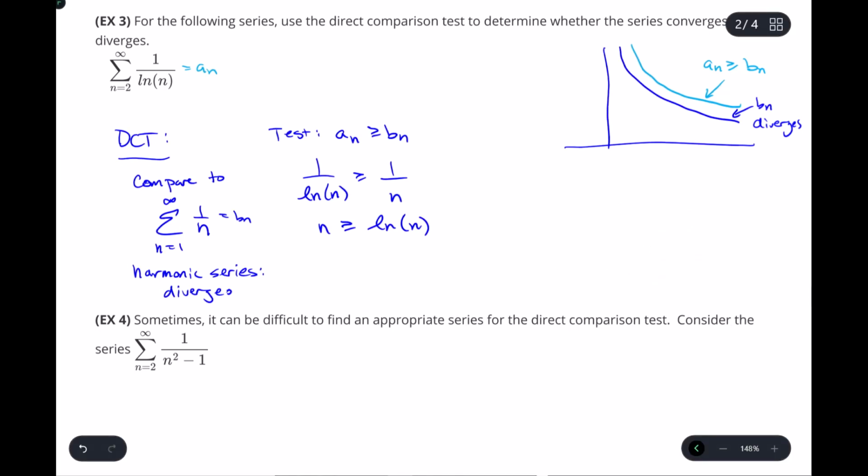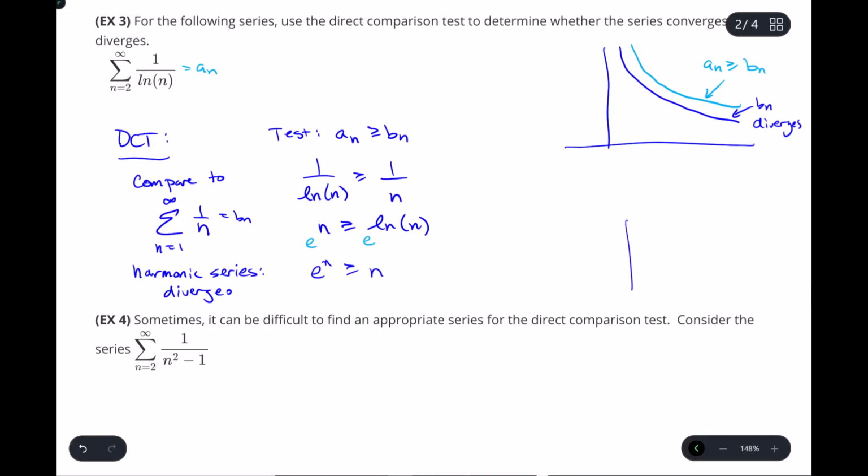But not everybody really has an intuition as to what happens with logarithms. So another thing you could do is raise both sides of this inequality and make it an exponent with base e. So then you would have e to the n is greater than or equal to n.